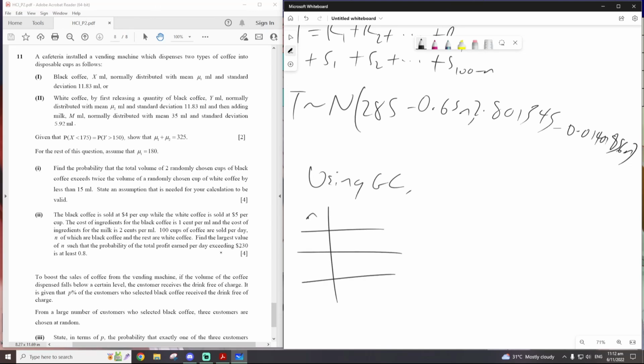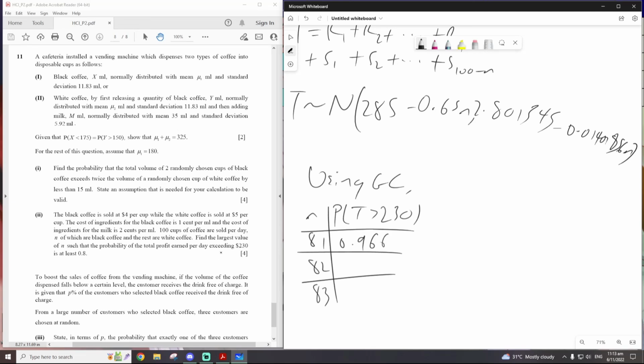We have N, P(T is greater than 230). Okay, so we get the value of N we need is 82 if you use your GC. And I'll draw the table here. 81, 82, 83. So the probability table is 0.966.